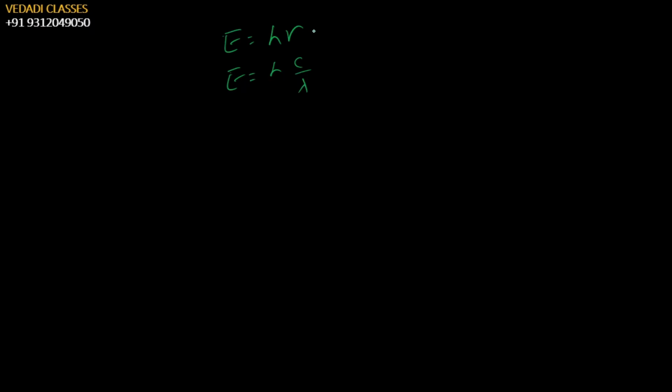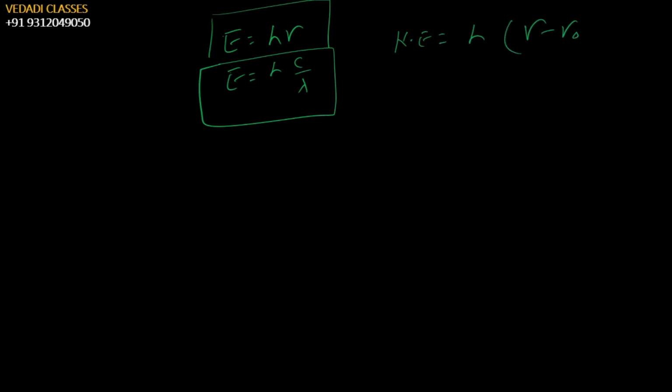Somewhere the value of nu will be given, or somewhere the value of lambda will be given. So you can use both formulas to find out the energy. Sometimes the question comes from the photoelectric effect, so the kinetic energy is h times nu minus nu naught, and you can find out the kinetic energy.